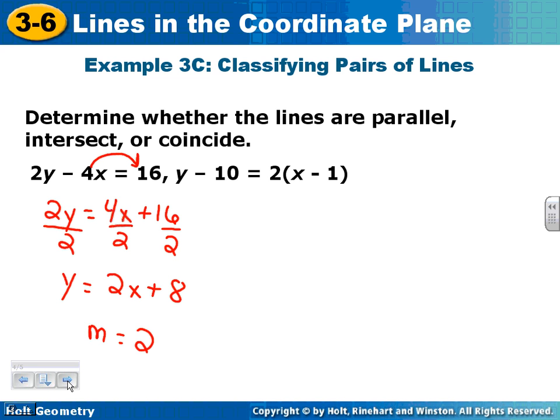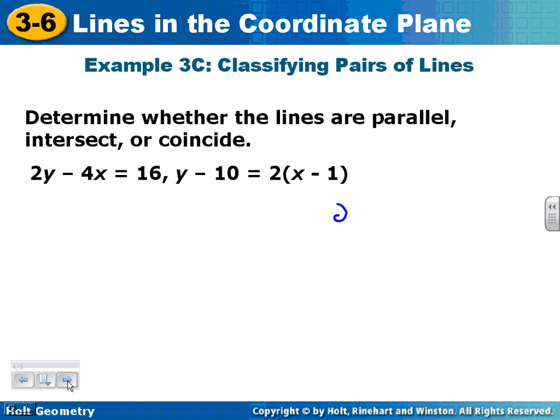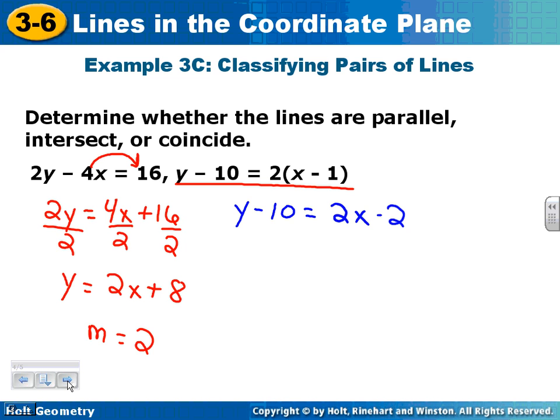With the second one, all of this is my second one. Put that in slope-intercept form. Start off with distributive property. So y minus 10 would equal 2x minus 2. And I'm going to add 10 to both sides.